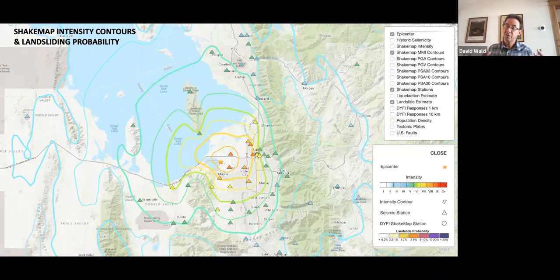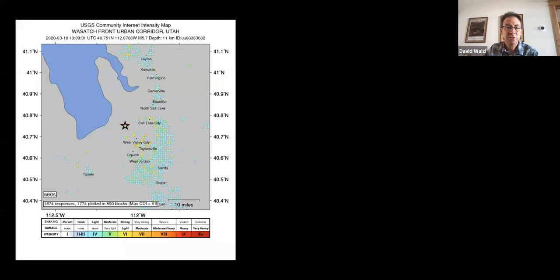If this was a much bigger earthquake, not only would you have a larger footprint of stronger shaking, but you'd have more landslides and more liquefaction to contend with as a response. So we can actually look in time at the felt reports that come in over the minutes following that earthquake. We get most of our reports within the first hour, so it's very informative. There's a bit of an interesting problem with earthquakes, and that is in the epicentral area, things are slower, as you might expect.